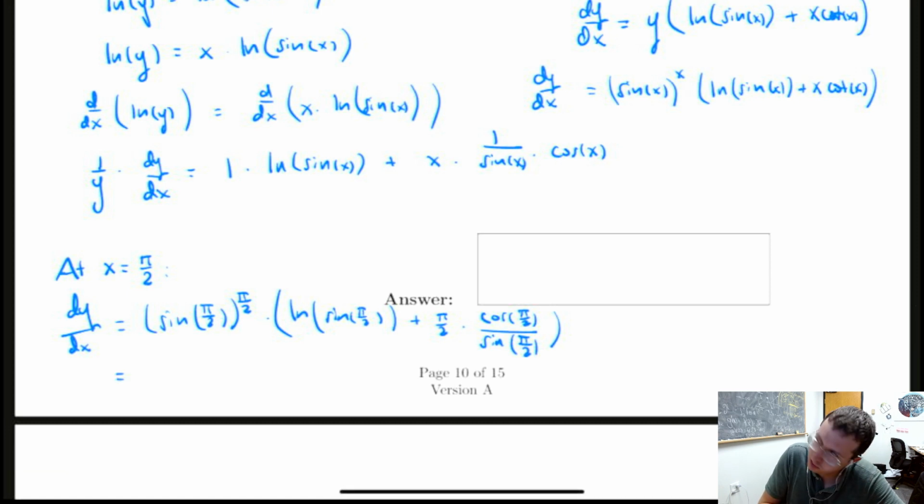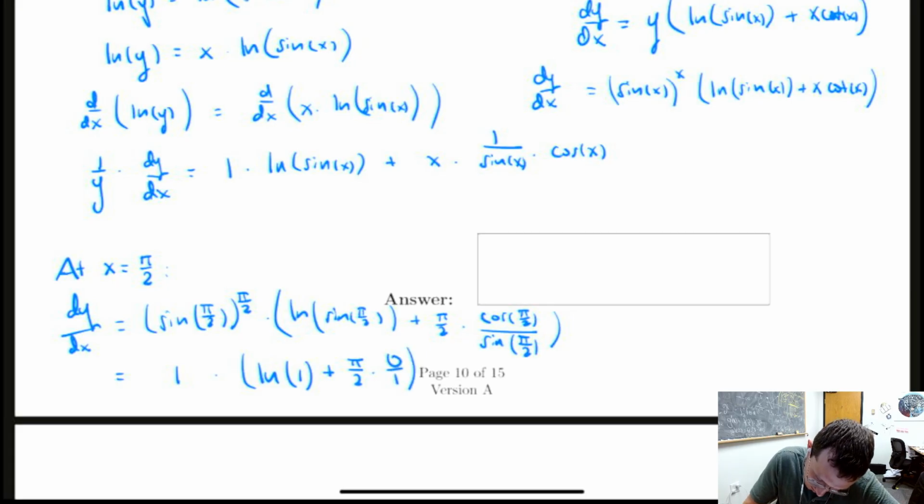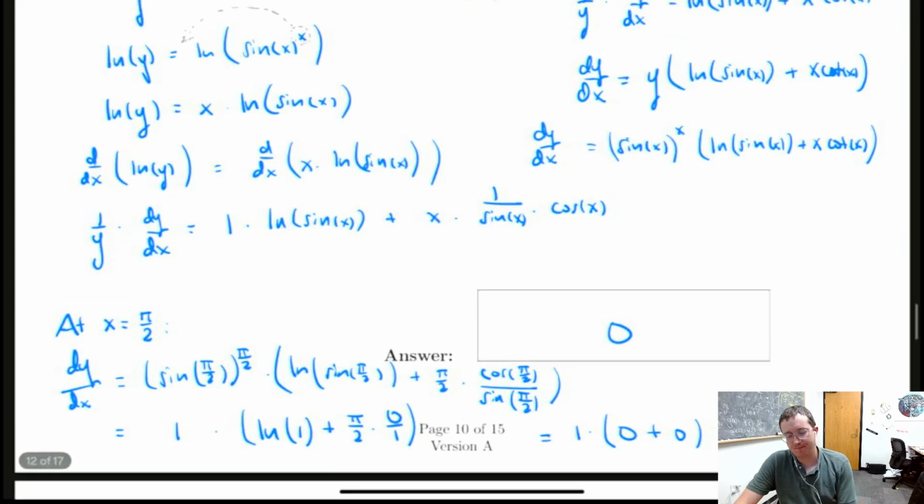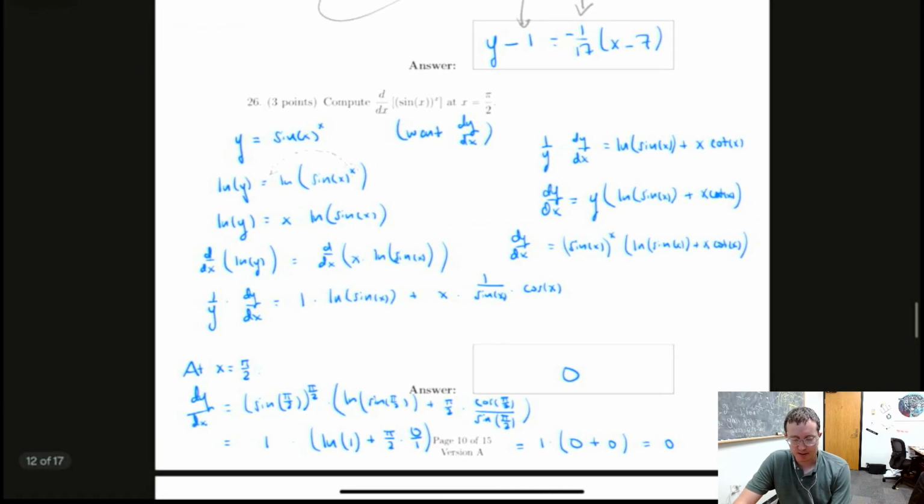Okay, sine of pi over 2 is 1, and 1 to the pi over 2 is 1. Again, sine of pi over 2 is 1. Cosine of pi over 2 is 0. Ln of 1 is also 0. So the answer is 0. That was a lot of work just to get 0.